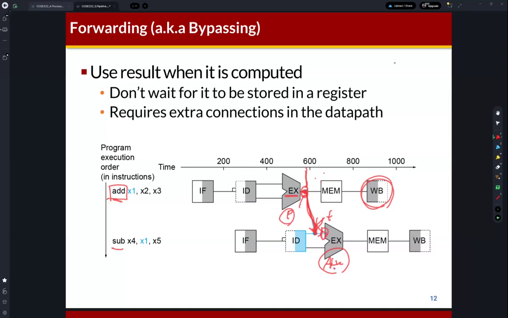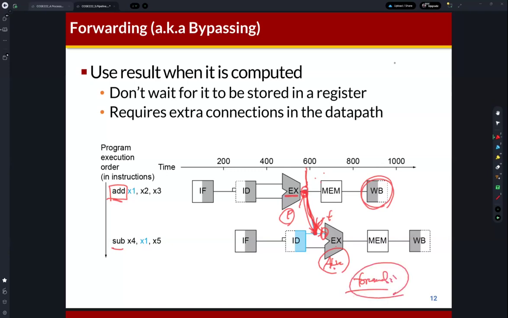It's possible, right? If we compare the timing of the generation of data and the consuming of data, it's okay, right? So if the data is delivered to the input of the ALU, then we can use this data. This technique is called data forwarding.